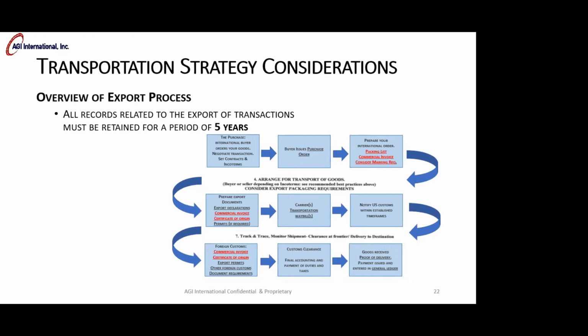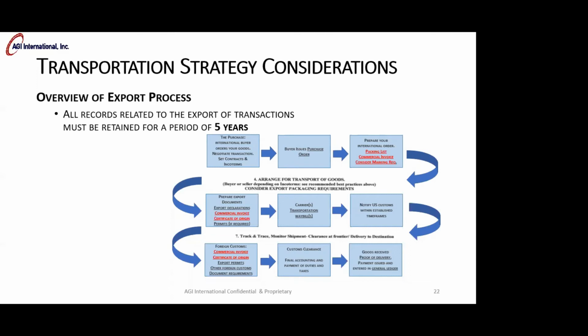Along with the waybill, it notifies U.S. Customs within its established framework of the time things arrive. Foreign customs gets the commercial invoice, the certificate of origin, and export permits that are provided by the transportation company, plus other foreign customs documents as required.